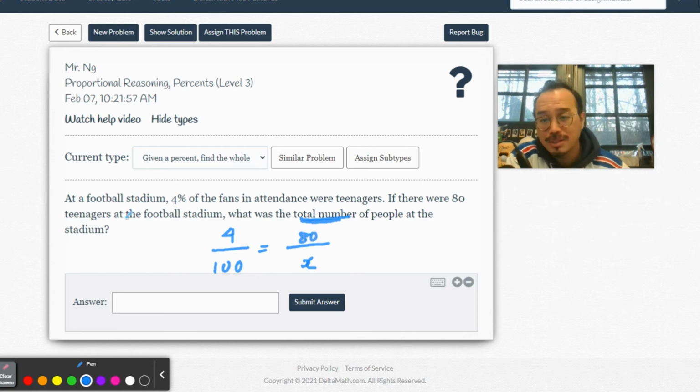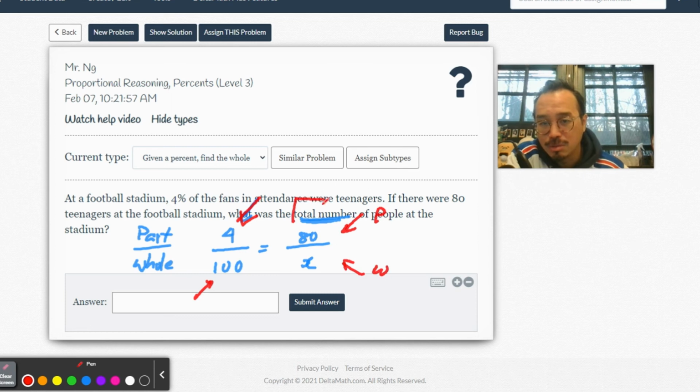Now, the other thing you could think about is that part to whole ratio thing that we've been talking about in class when we're doing proportions. 4% is a percent, 4/100. Four is the part, hundred's the whole thing. So if 4% represents 80 people, which is another part, what was the whole thing? What's the total?